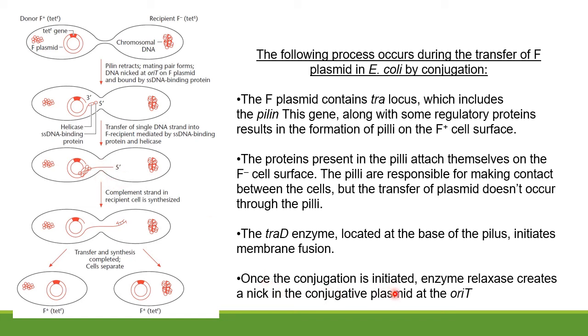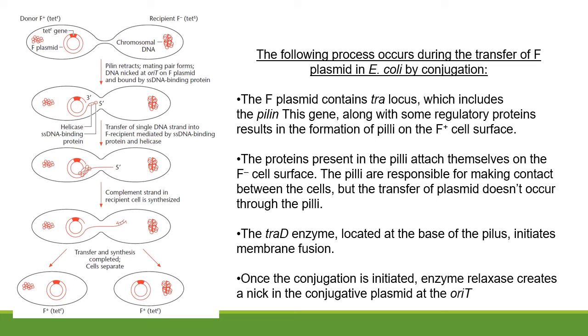Once the conjugation is initiated, the enzyme relaxase creates a nick in the conjugative plasmid at the oriT, that is origin T. So you can see here the enzyme relaxase has created a nick in the conjugative plasmid at the oriT.